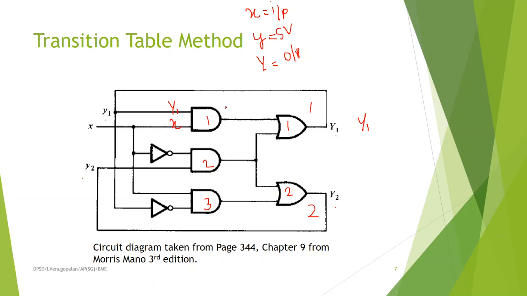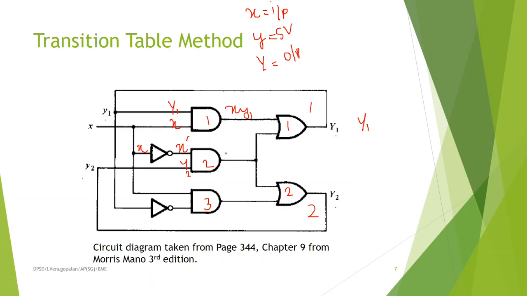So the output would be x y1, excuse my handwriting, I write better than this under normal circumstances. So x is the input coming to this NOT gate. So this AND gate is receiving x dash and this input is y2.